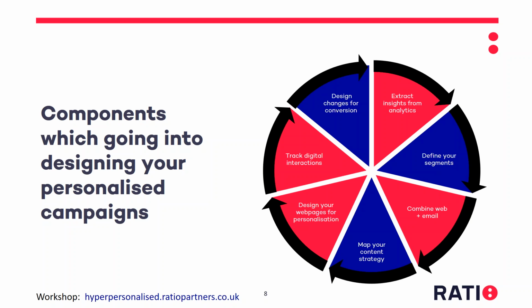And mapping everything to content, obviously, personalization is presenting something that's relevant. Then how we set up your web pages for personalization, so that's some of the design, some of the Sitecore side, and tracking digital interaction, so measurable goals, creating and attaching points-based goals to items, etc., and some of the design changes that you could do to improve conversion over time.